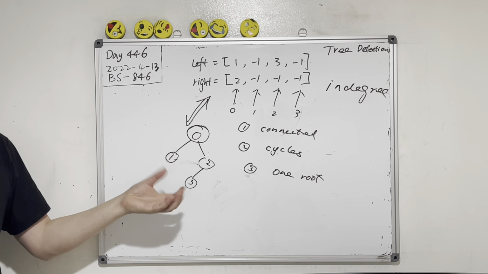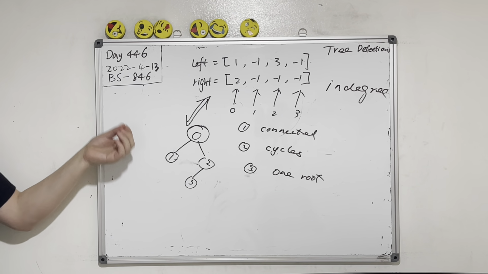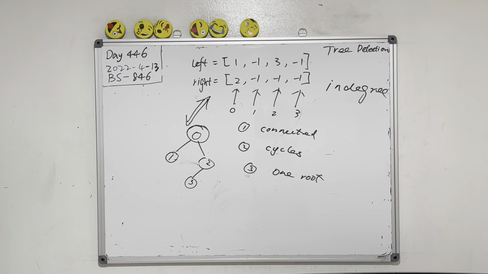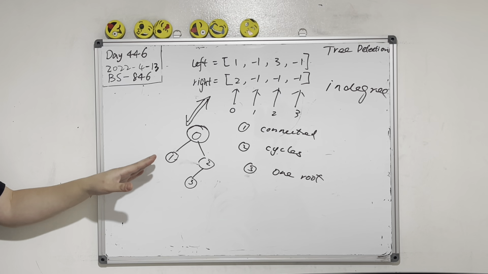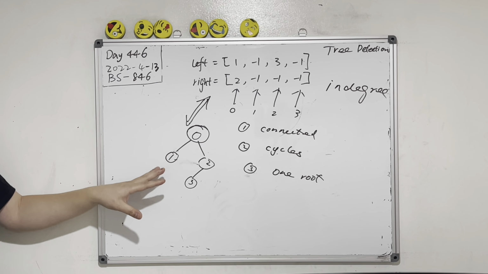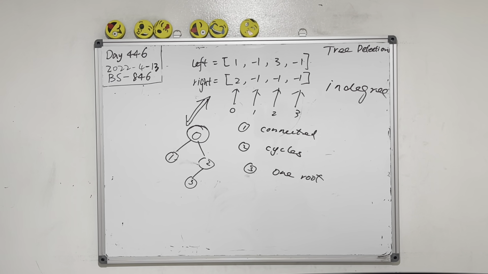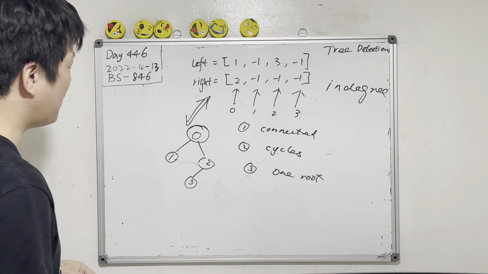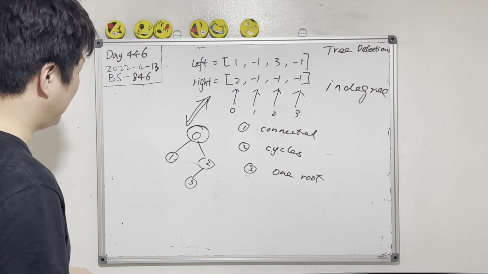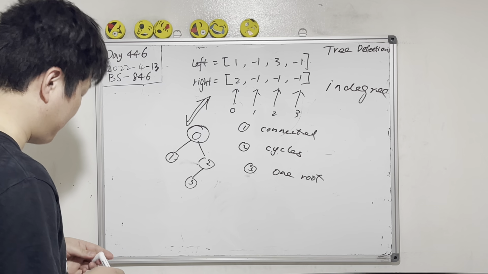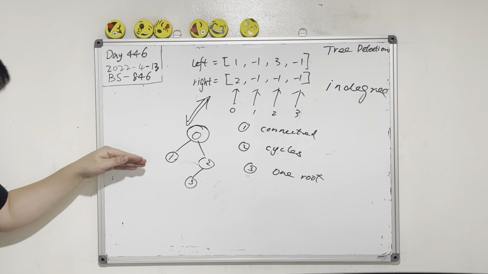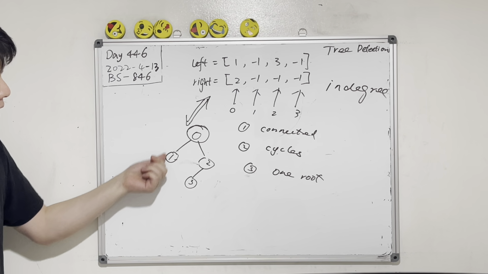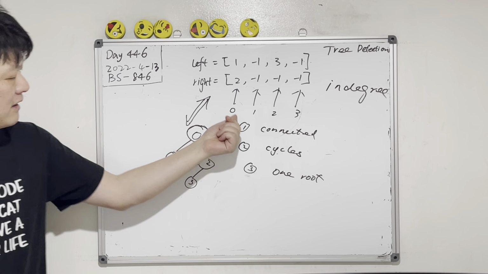If we find there are 2 roots or 0 roots, what does it mean? It means we can just return, because in order to be a tree, it needs to have exactly one node that doesn't have any edge coming in. Then we can do breadth search or depth search, and the number of nodes visited should be exactly n nodes.